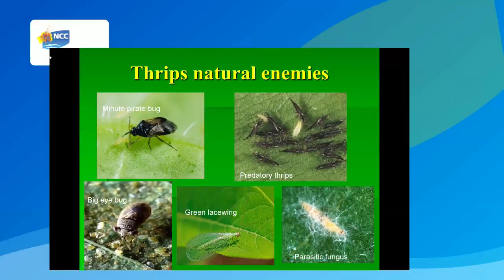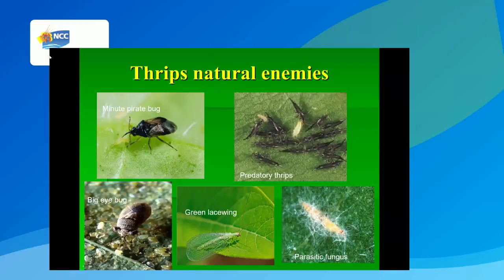There are also predatory thrips as well, which feed on the pest type thrips and help to produce good biological control. There's also another one, big-eyed bug, Geocoris, which again preys on the thrips. You see it also inserting its mouth part into a thrips and killing it.